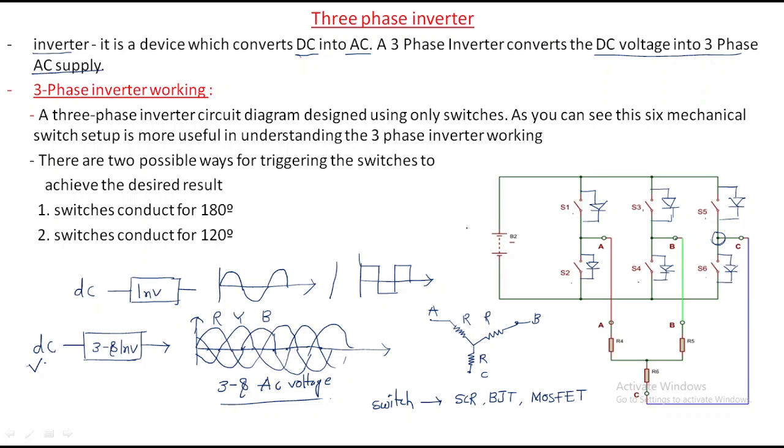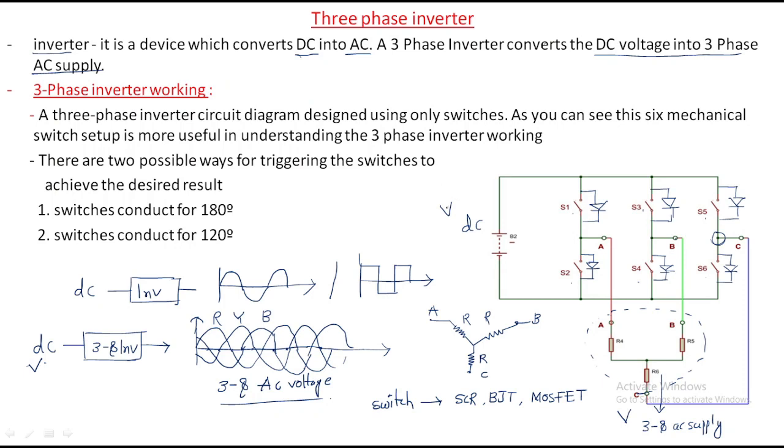So by applying the DC supply here, we have to get the AC supply here, the three-phase AC supply. By this circuit we give the DC voltage and we will get the three-phase AC voltage.